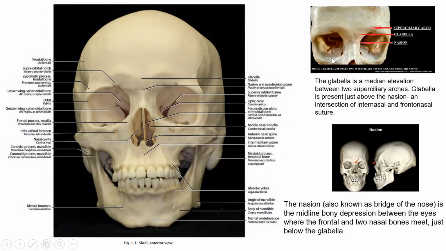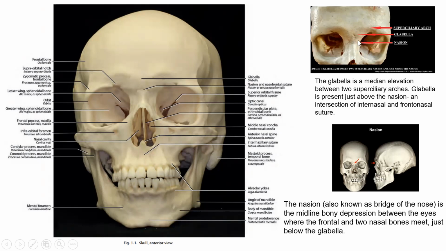Again, you can see the glabella, which is a median elevation between the two superciliary arches. Glabella is present just above the nasion, which is the intersection of the internasal and the frontonasal suture, like I've shown you. These are the two nasal bones. This is the internasal suture, and this is the frontonasal suture. Here comes the nasion, and just above it is the glabella, which is a little elevated.